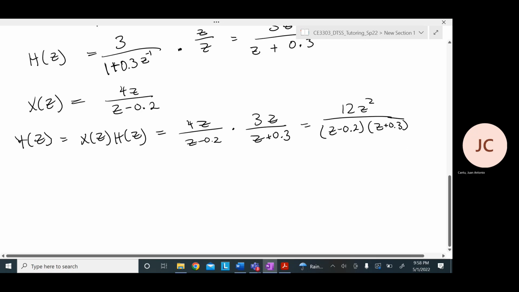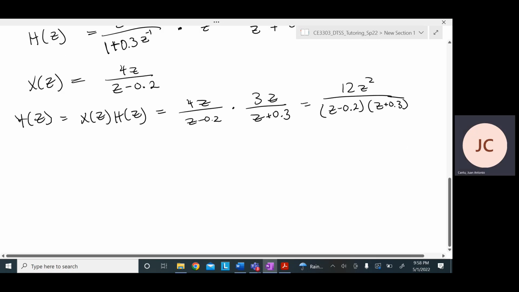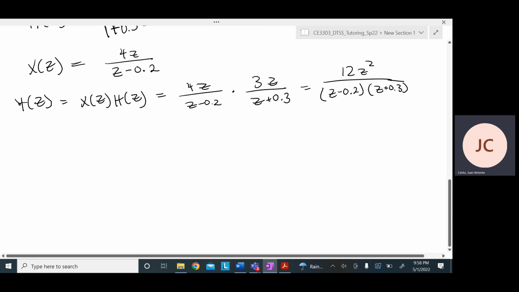But we want y of n, right? We want to be in the time domain. So we need to go ahead and do the inverse Z transform. The way we do that is how we did it before, using partial fraction expansion. Remember, the first step is always Y prime of z, and we take Y of z and divide it by z.